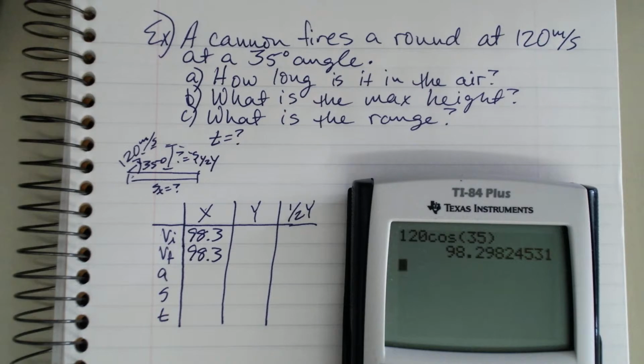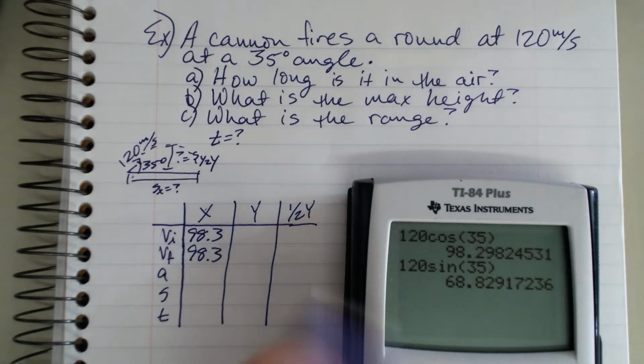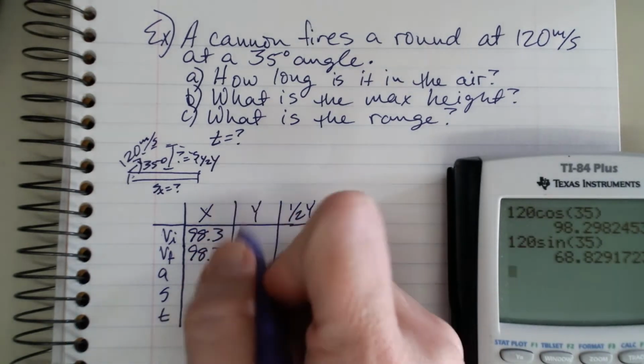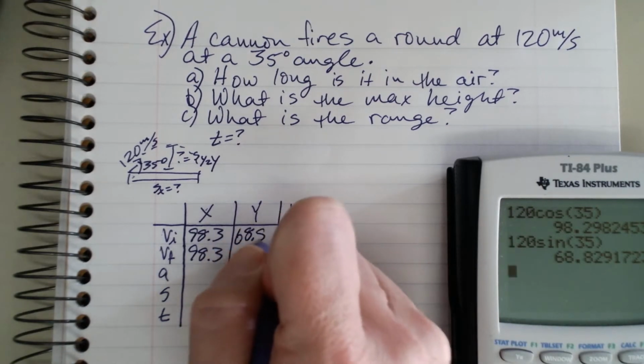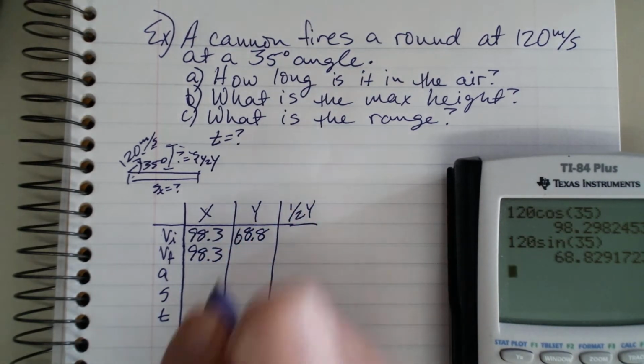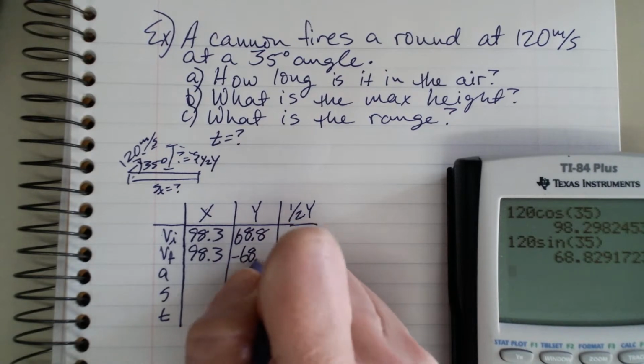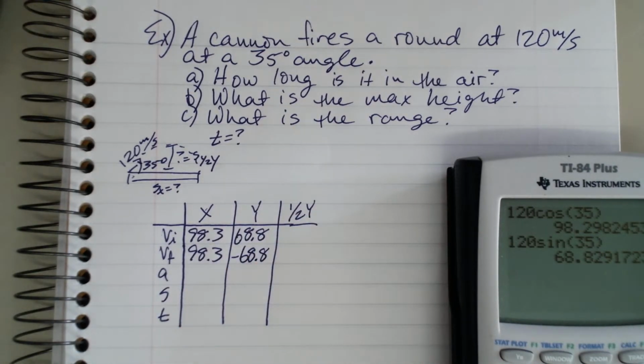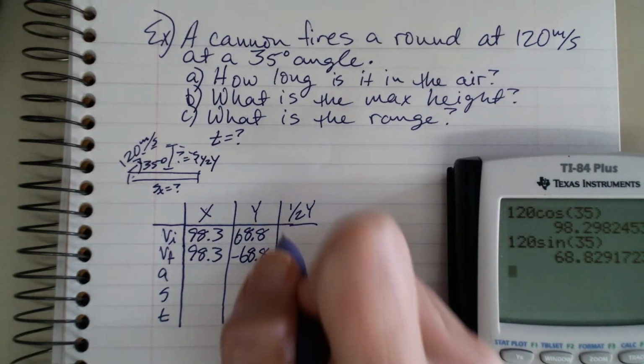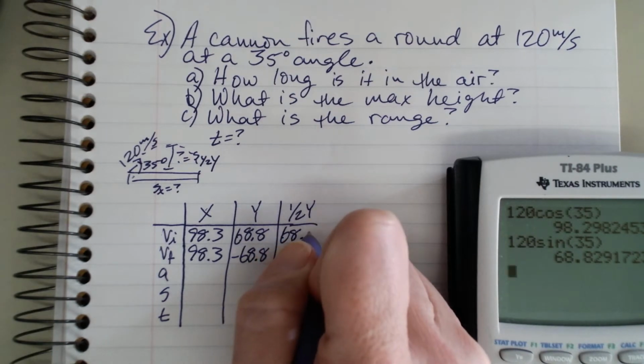Now for the Y, I need 120 sine 35. So you're just pressing buttons in the calculator. You get 68.8. So my VIY is 68.8. My VFY would be negative 68.8. My VI in the half Y would be 68.8.